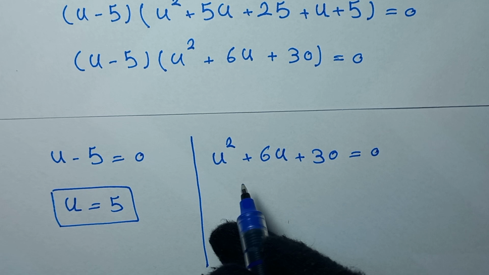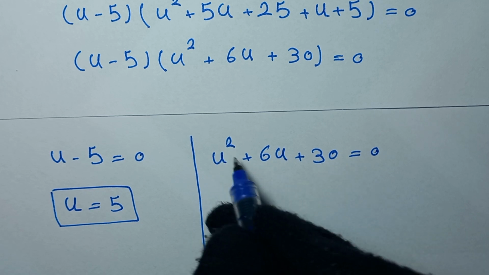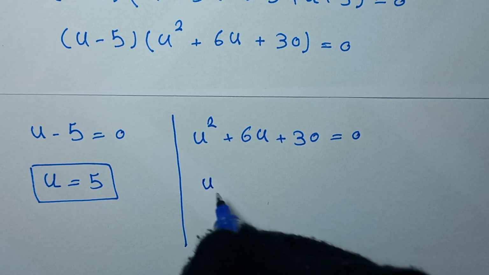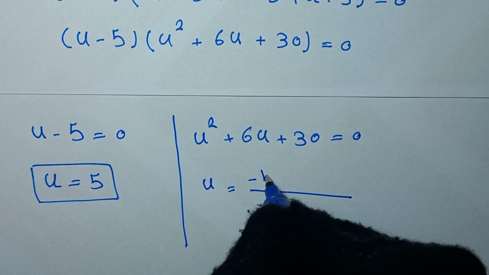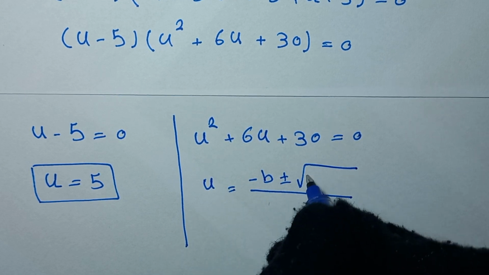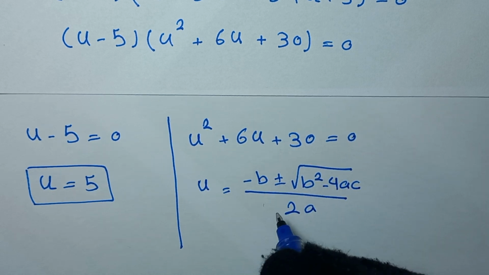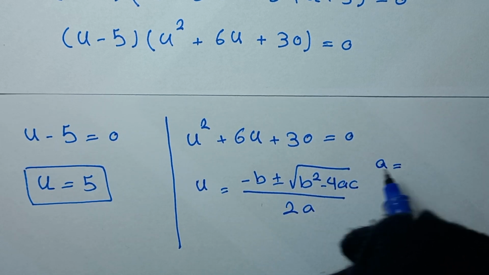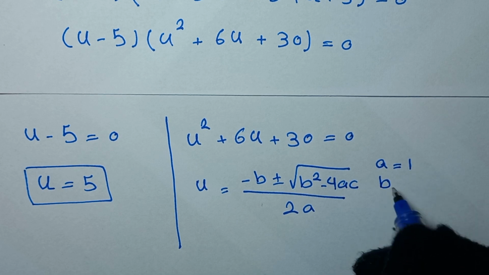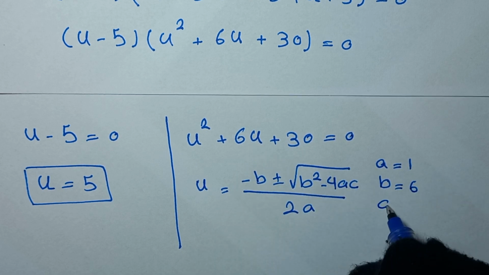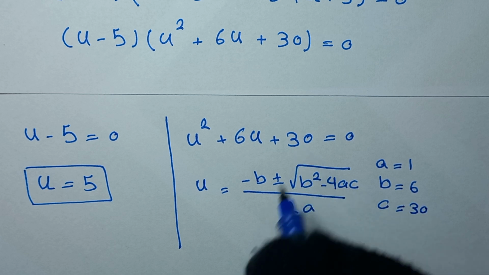And here, we have a quadratic equation, and we use the quadratic formula, which is u is equal to negative b plus or minus the square root of b square minus 4ac over 2a. a, the coefficient of u square, is 1, b, the coefficient of u, is 6, and c, the constant, is 30.